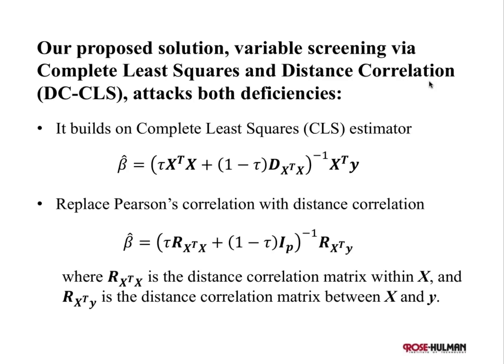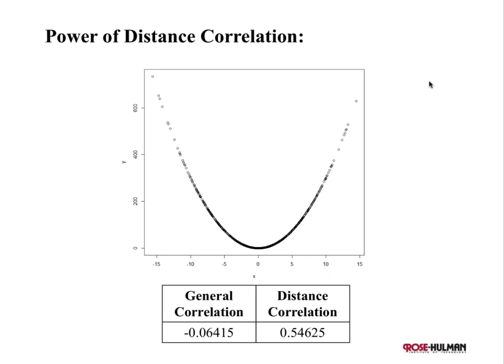Here, instead of using the Pearson's correlation matrix, we use the distance correlation matrix, where R X transpose X is the distance correlation matrix within X, and R X transpose Y is the distance correlation matrix between X and Y. Using this estimator, we would be able to capture both the correlation within the predictors and the relationship between the predictors and the response.